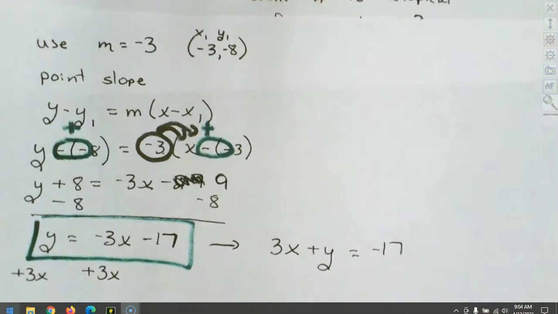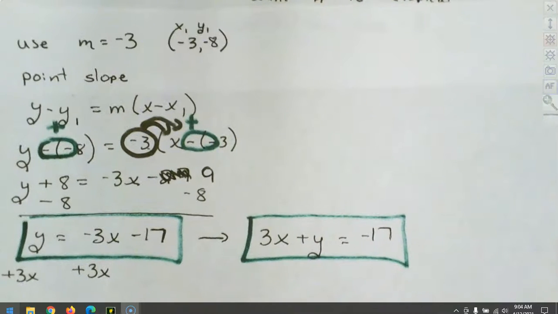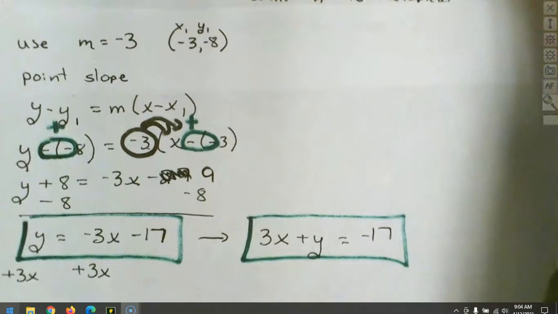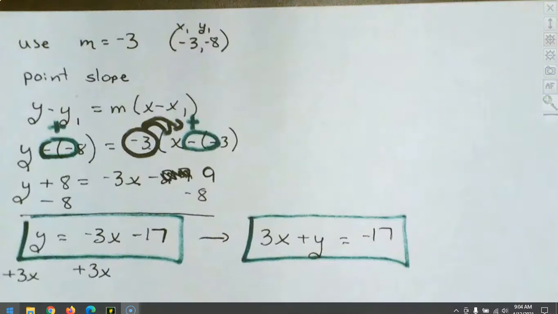So we have it in slope-intercept and also in standard form. The key there was the perpendicular part, meaning we had to take our fraction, flip it over, and change the sign.